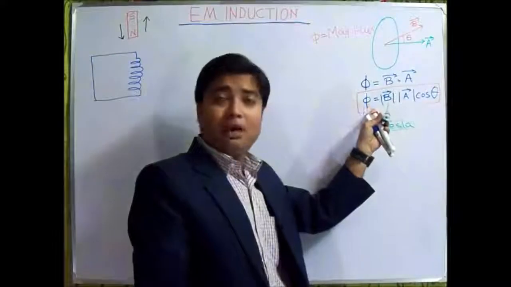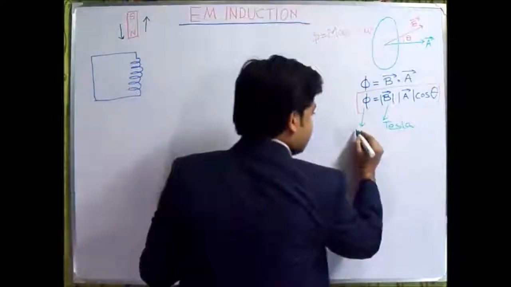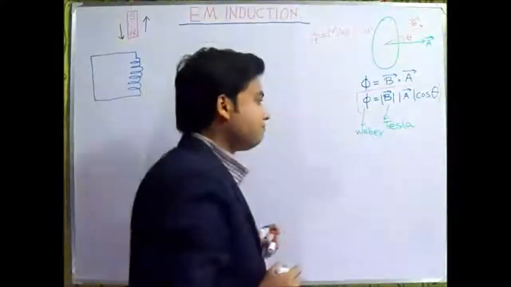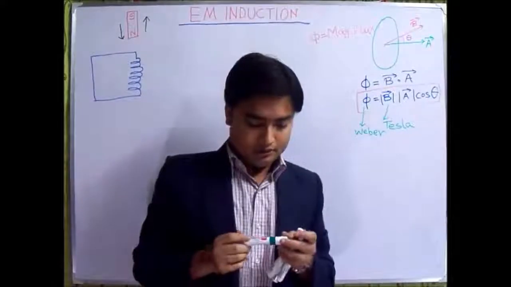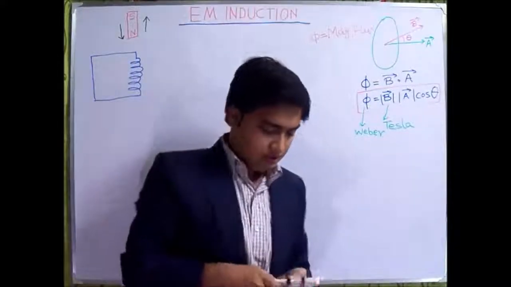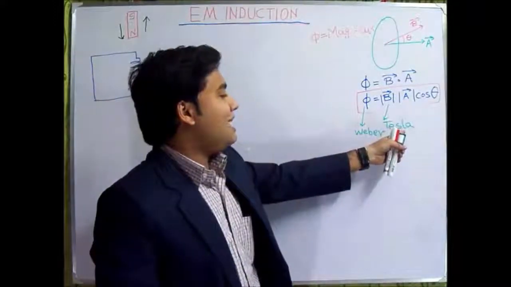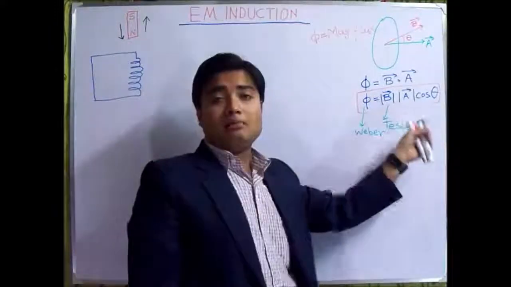So phi is in Tesla meter square, which is also known as Weber. So Tesla could also be said as Weber per meter square, or Weber could be said as Tesla meter square.